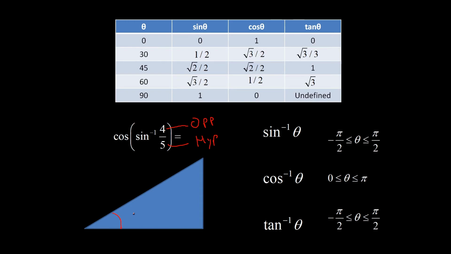Here's our angle. So the opposite is 4, and the hypotenuse is 5. And we will also use Pythagorean theorem to get the remaining leg here, which is 3.